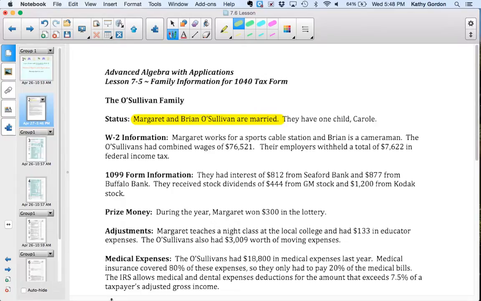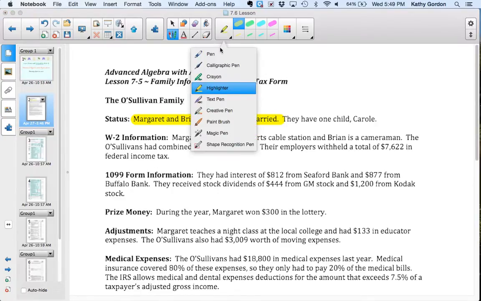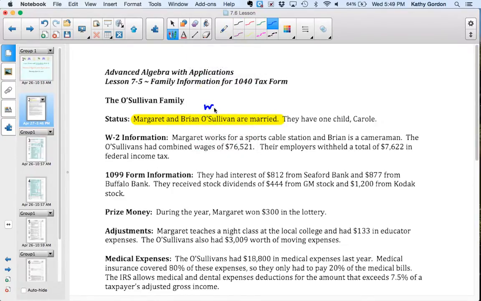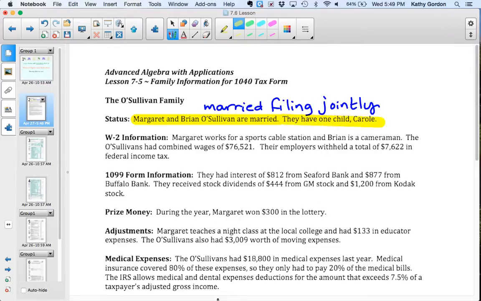And so we're going to assume that they are going to be married, filing jointly.